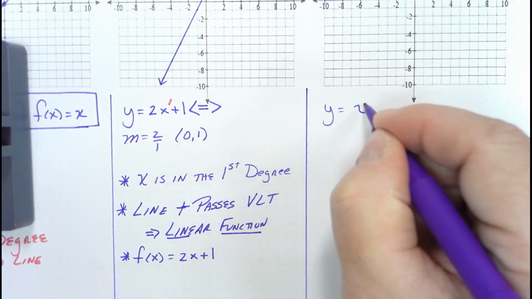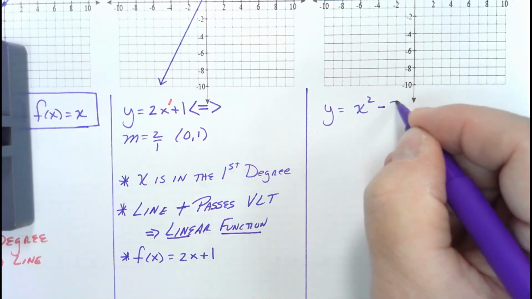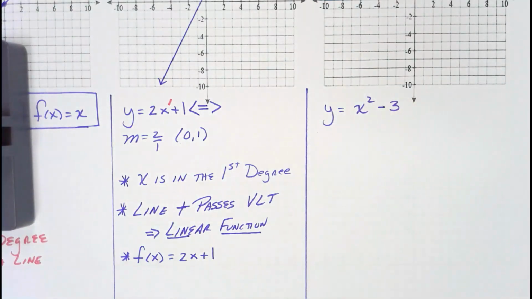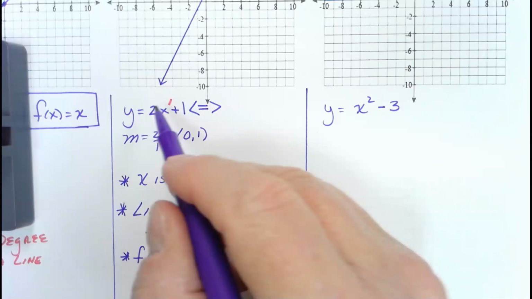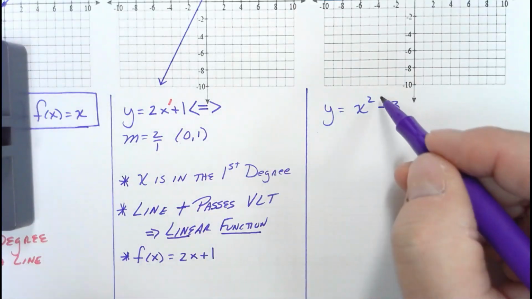y equals x squared minus 3 is the next equation. Now, we've talked about this is not degree 1 anymore, this is degree 2.